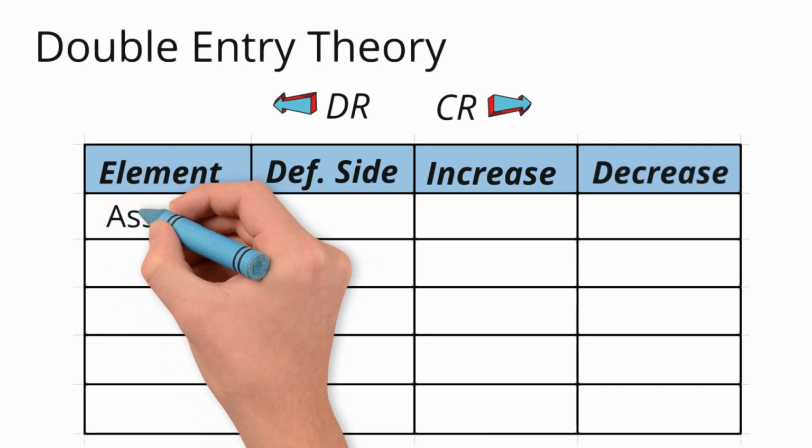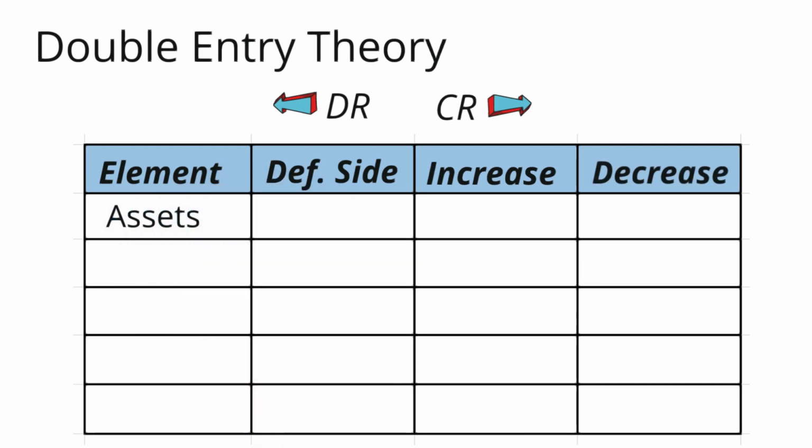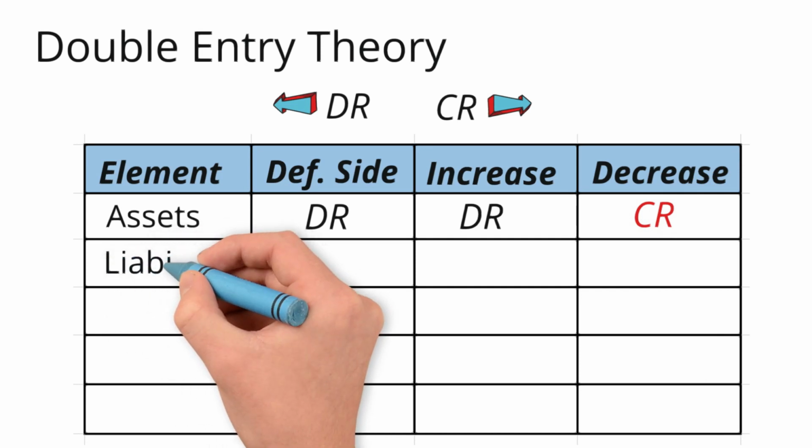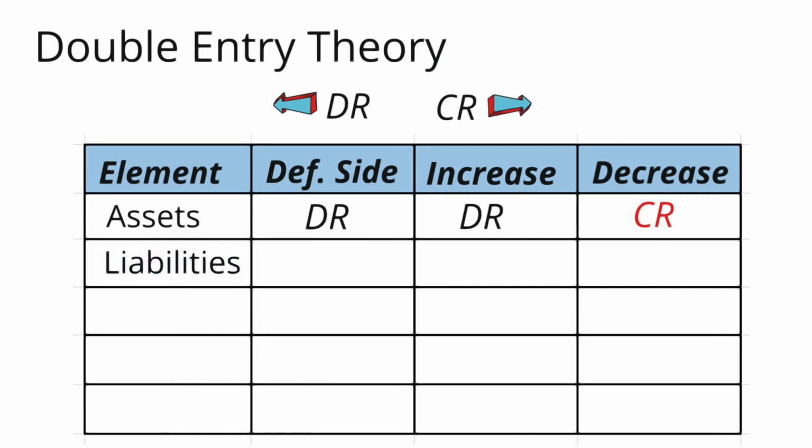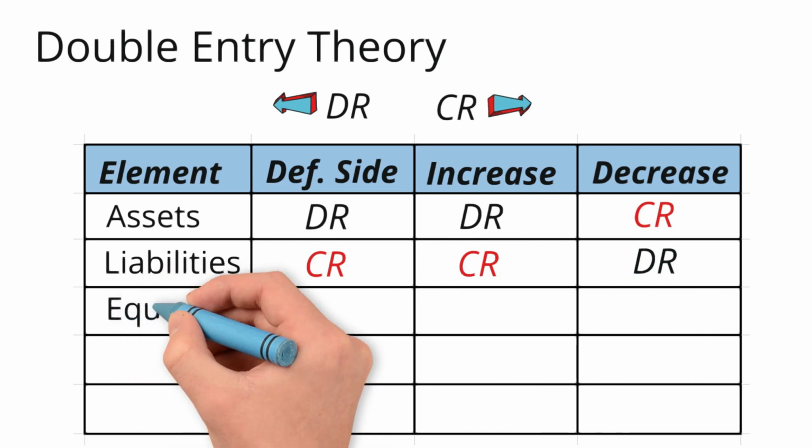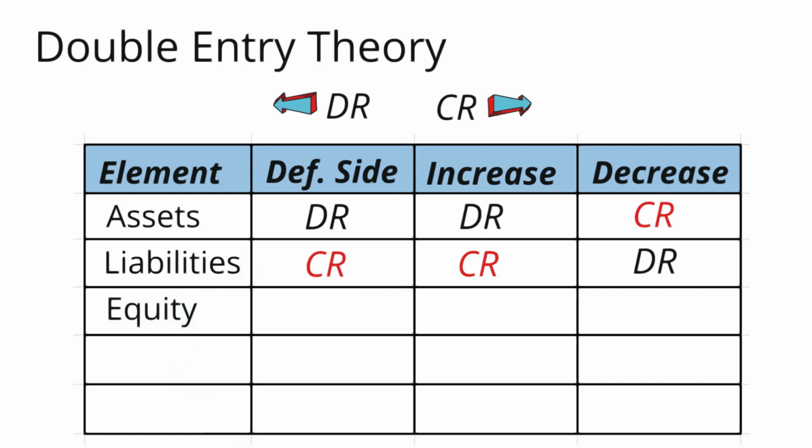Assets. The default side is debit. If it increases, it's debited. If it decreases, it's credited. Liabilities. The default side is credit, and if it increases, it gets credited. If it decreases, it gets debited. Equity. The default side is credit. If it increases, it gets credited.